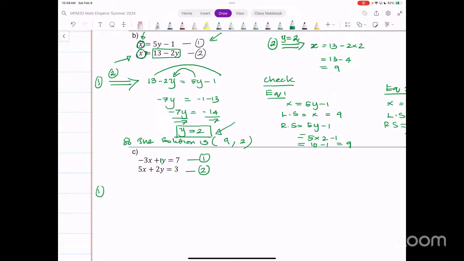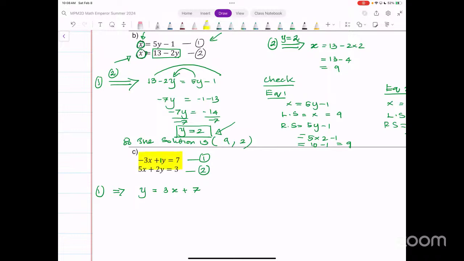If I take equation number 1, we can rewrite y is equal to, by moving the 3x to the other side, 3x plus 7. Does anyone have any question? All I did was take equation number 1 and rearrange for y, isn't it?